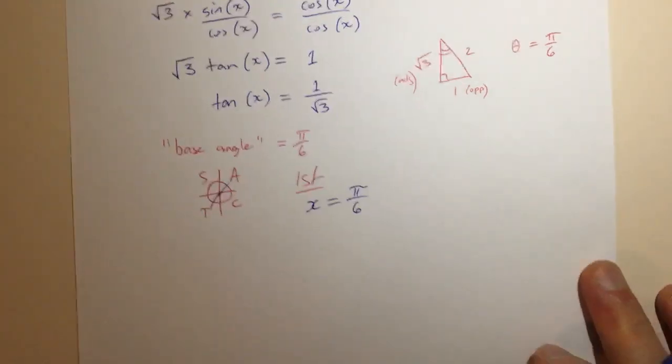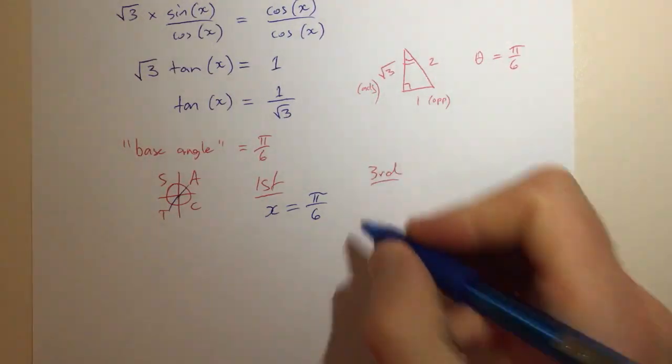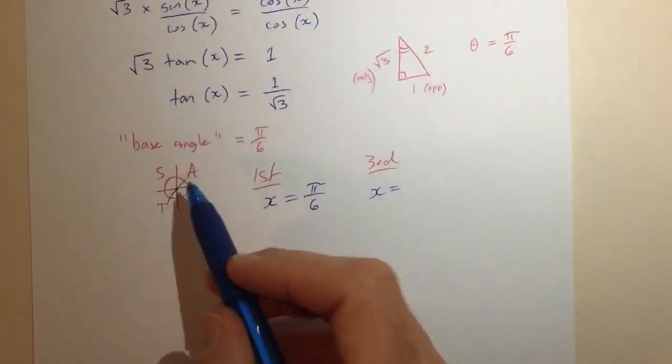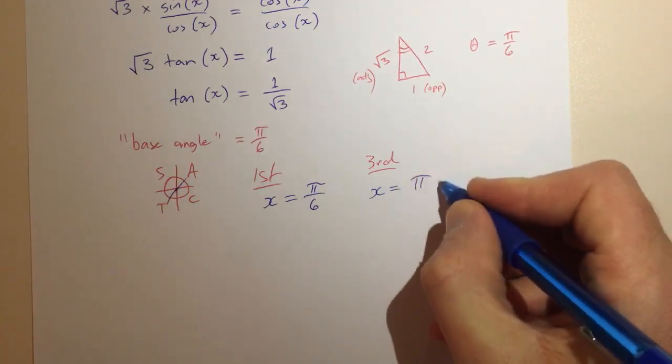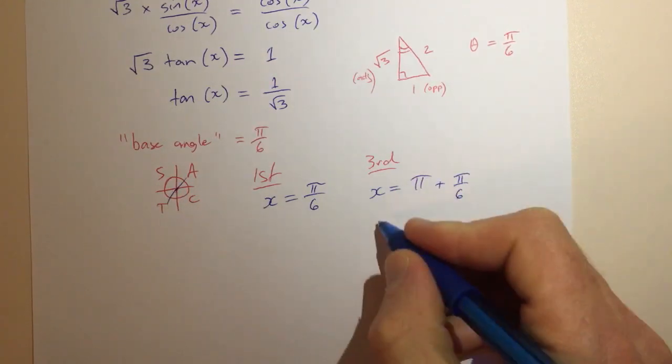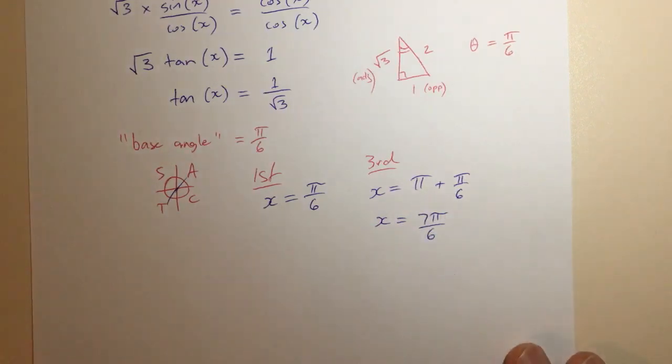And there we go, there's an answer. For the third, we're going to get x equals, well, third quadrant, it's pi plus the base angle, so pi plus pi on 6, which is 7 pi on 6.